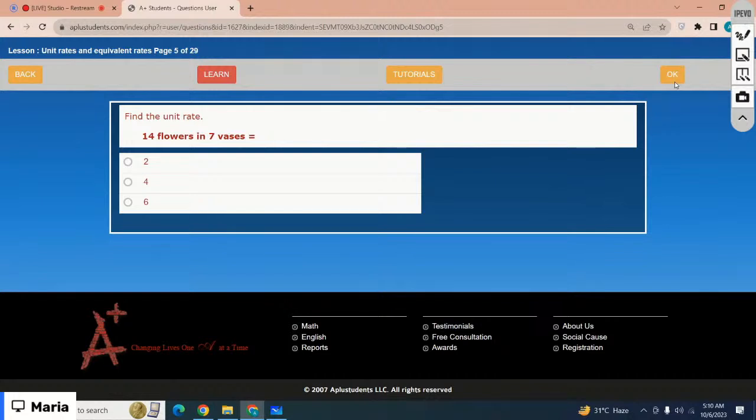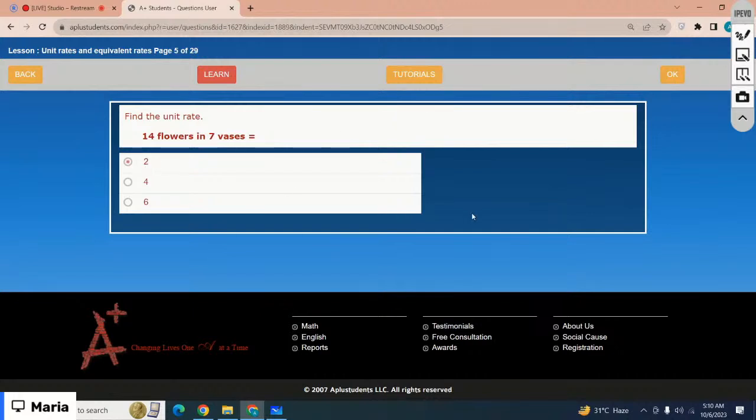Okay, find the unit rate. 14 flowers in 7 vases. Which is the correct option? Yes, you have only 2 flowers in one vase. The correct option is 2.